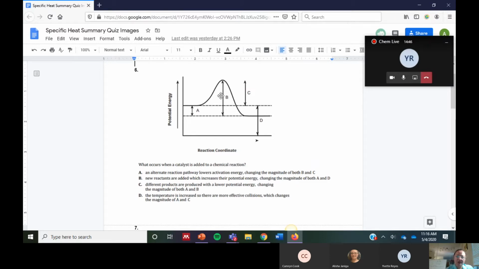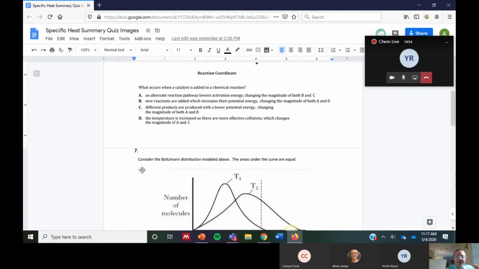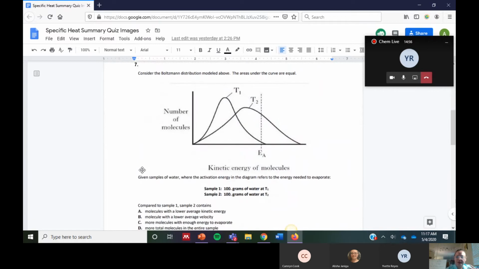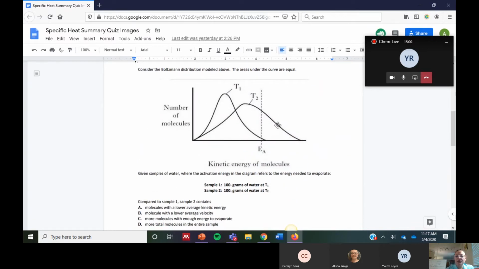So in changing B, we're also going to change C. We can use process of elimination, I think that would be the easiest way to go about it. So if we think about the next one, the area under these curves is equal. So there's the same number of molecules under each curve.